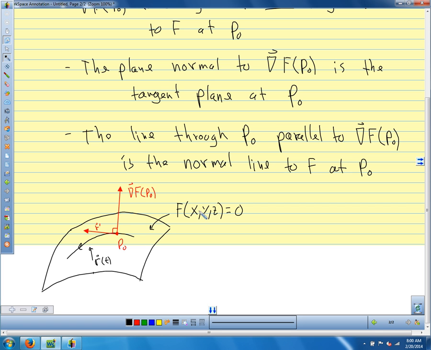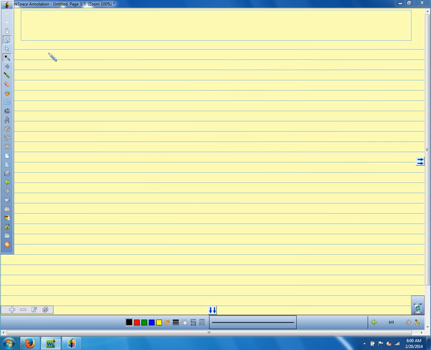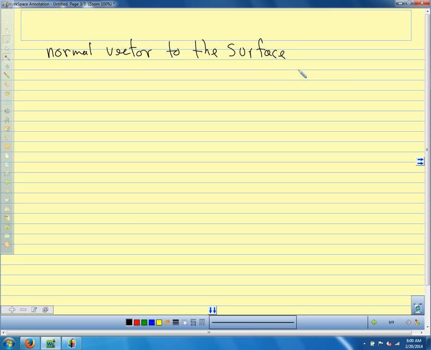All right, so let's use this idea. Let's use our gradient vector to write the equation of our tangent plane. So our normal vector to our surface, we're going to say n.